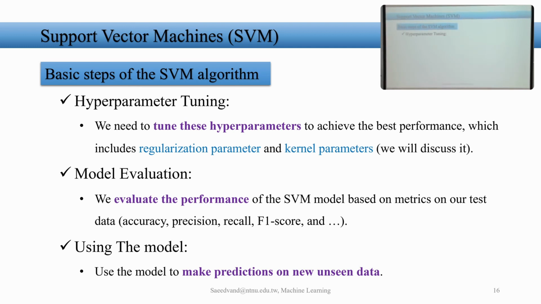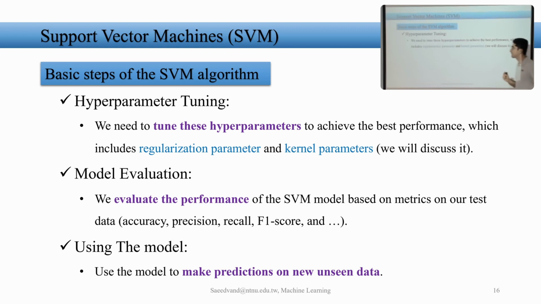On the other hand, after model training, we have the step of hyperparameter tuning. For hyperparameter tuning, in almost all machine learning techniques, we have some variables that we need to adjust. For example, you remember the learning rate. You needed to adjust the learning rate for regression models in order to tune it.